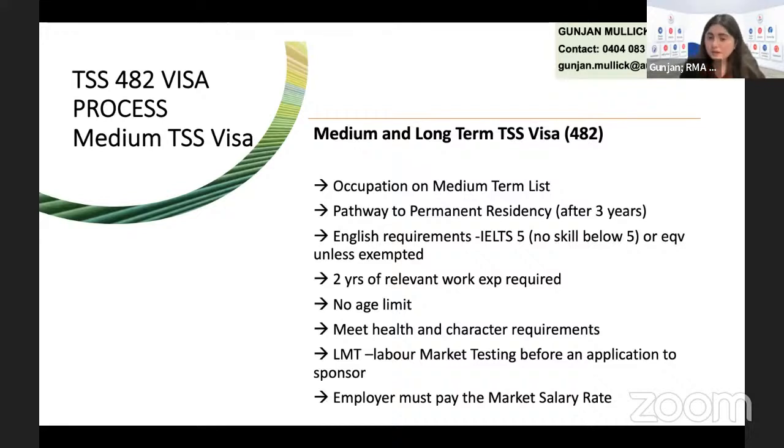However, there are health waivers available as well. You need to go through a medical test, not at the time of application, but during the course of the application or before the application has to be decided by the Department of Home Affairs. The character requirements have to be met for the 482 visa. So if you have a criminal record or you have been convicted, then there may be issues. However, there are character waivers as well.